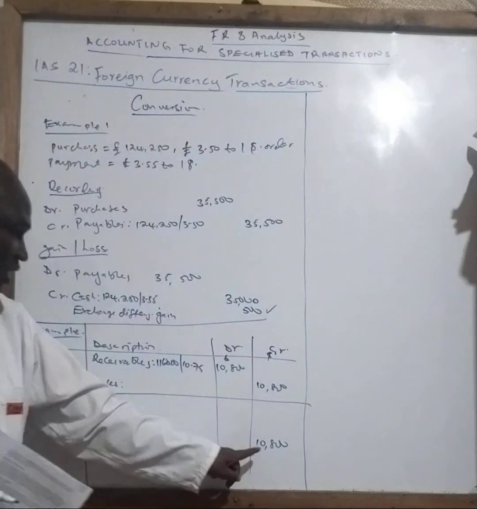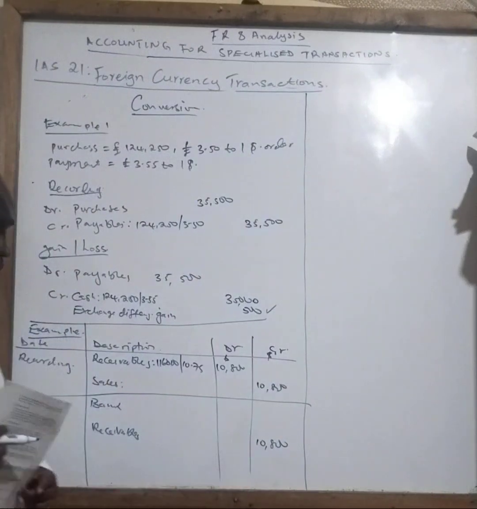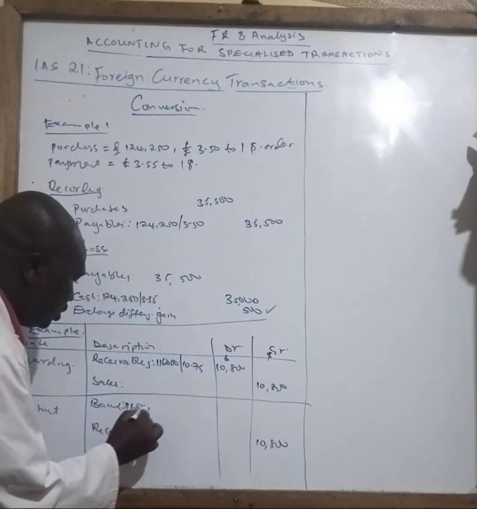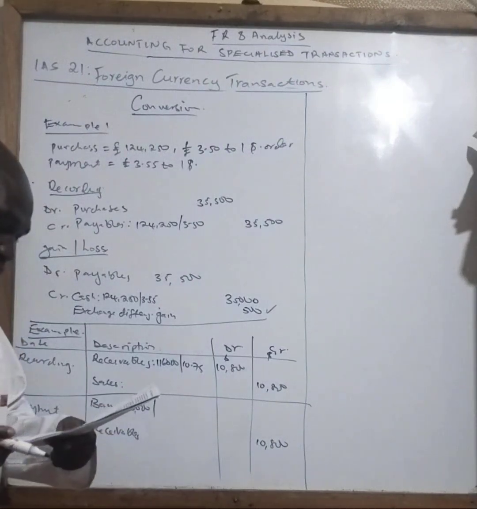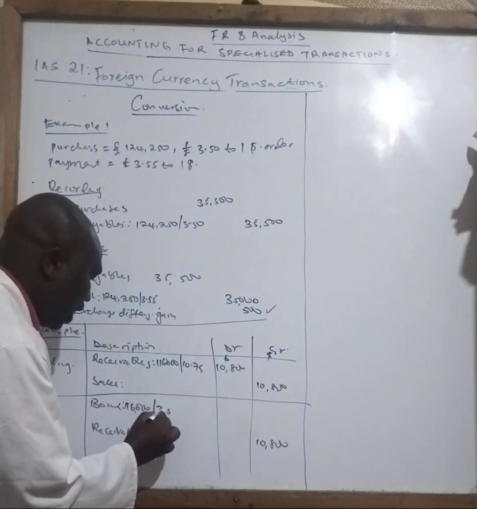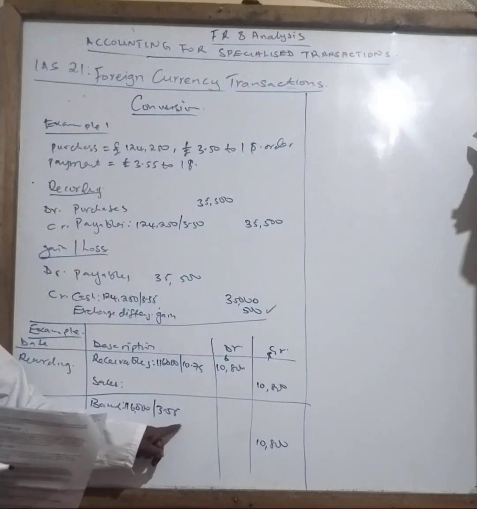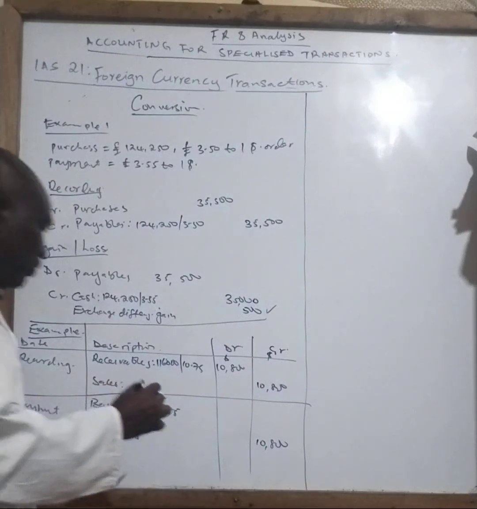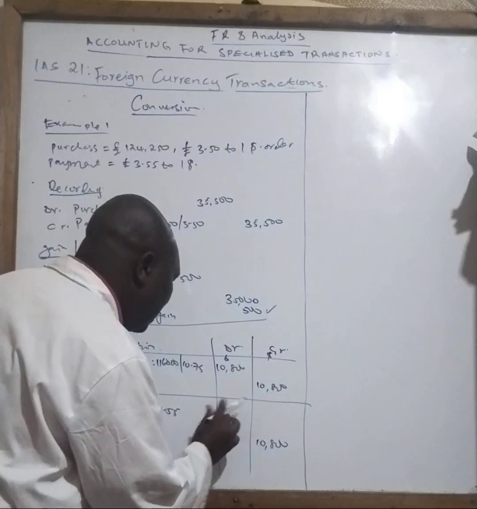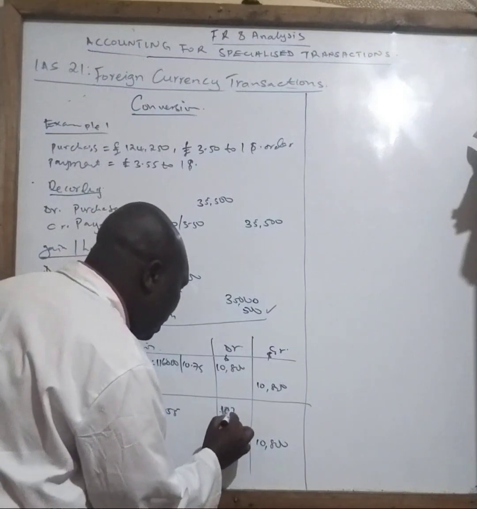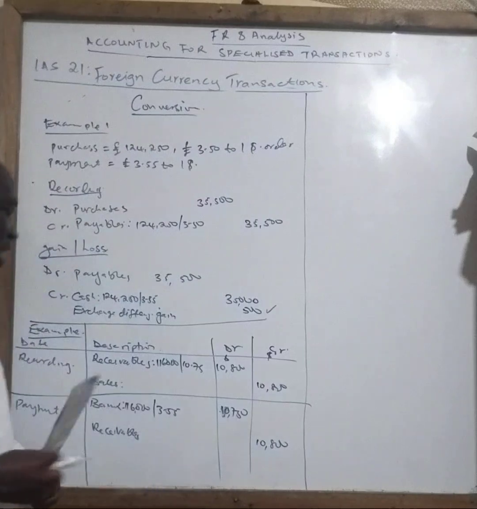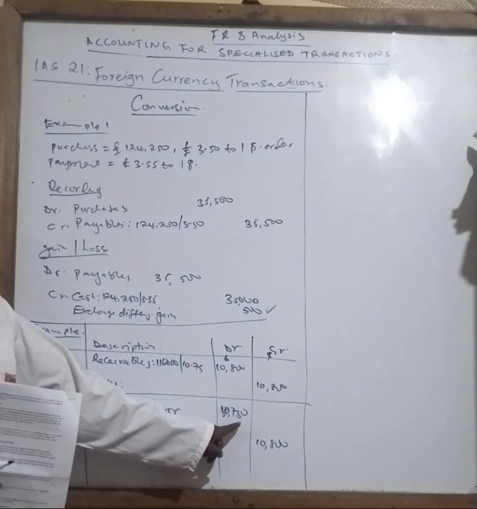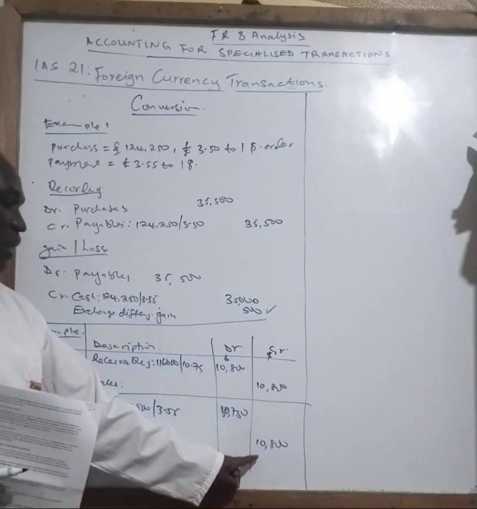So let's see how much you are paying. You take 116,000 and divide by the exchange rate prevailing at the time of payment, that is 10.8. That will give you 10,750 dollars. Therefore, we are receiving 10,750 instead of receiving 10,800.